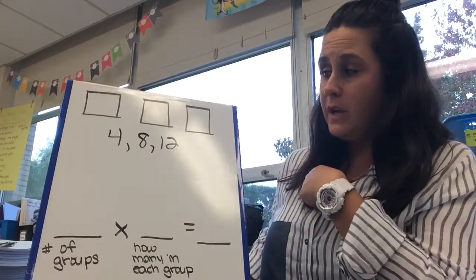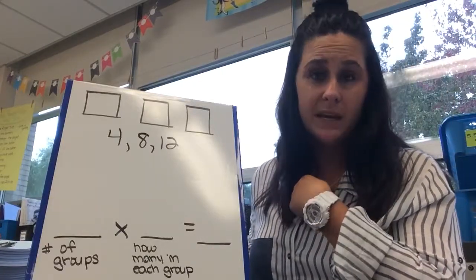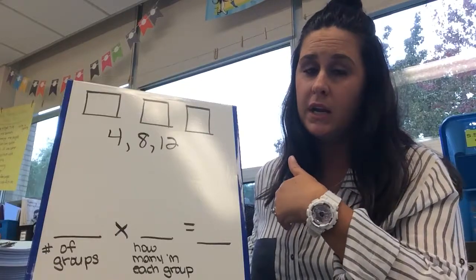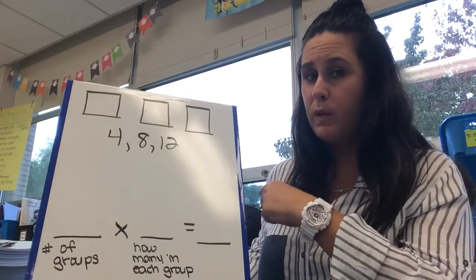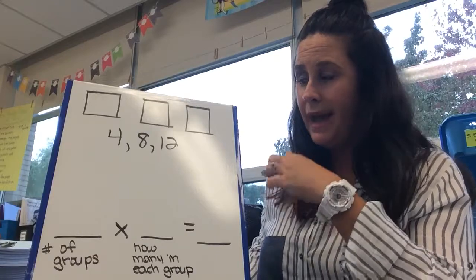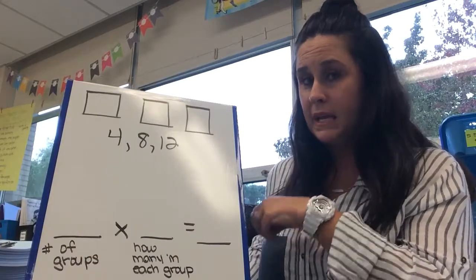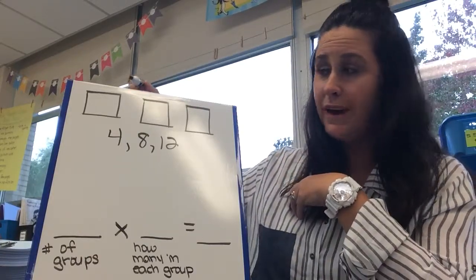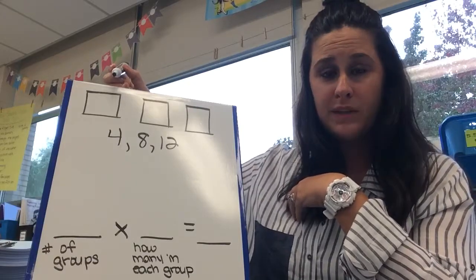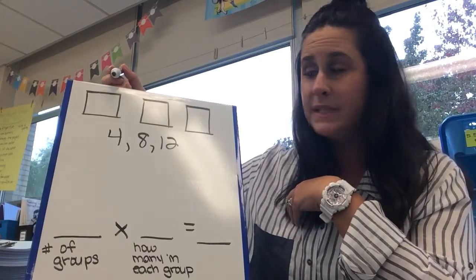The second strategy we can do is using repeated addition, which is another form of multiplication. So with repeated addition, what we want to do is count up how many are in each group. So since each square has 4 sides, the number I'm going to add multiple times is the number 4.